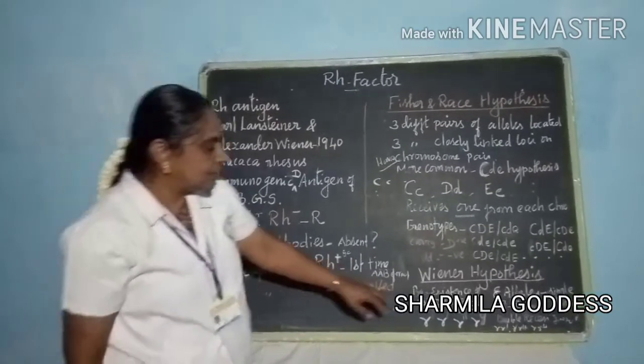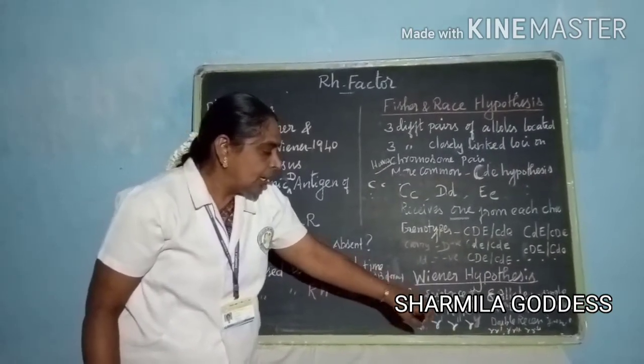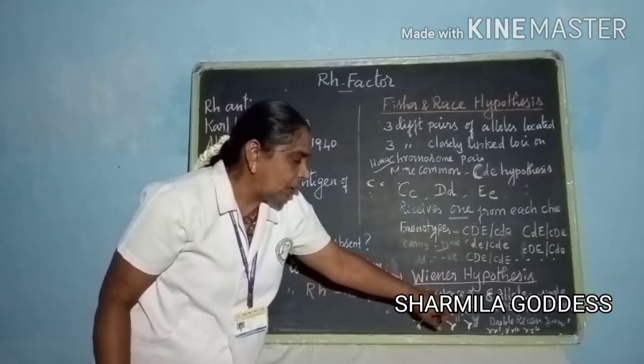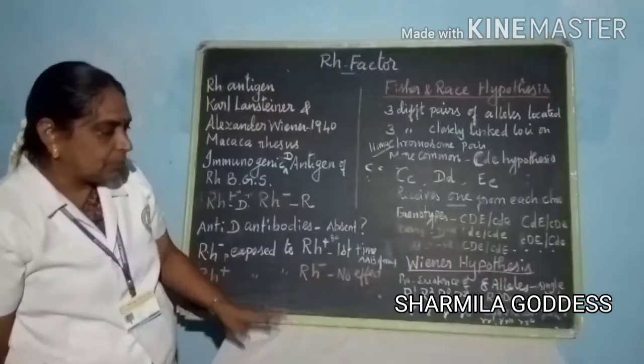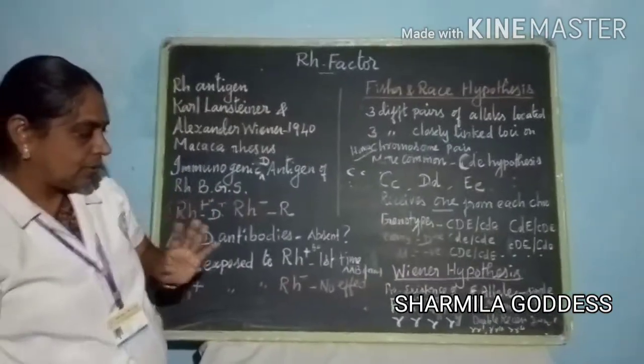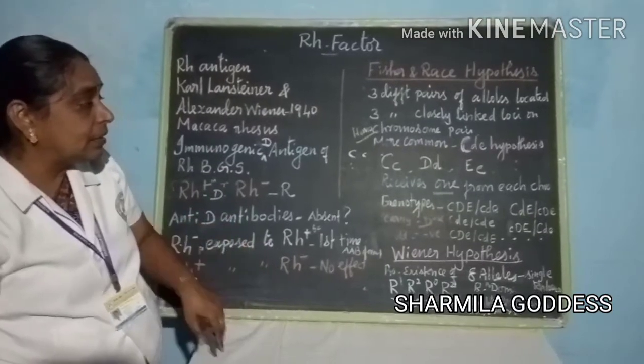Here these are represented as capital R1, R2, R0, and RZ. Then R1, R11, RY. A capital letter denotes the dominant trait; the capital R produces dominant traits. The small r produces the double recessive, which is very important.